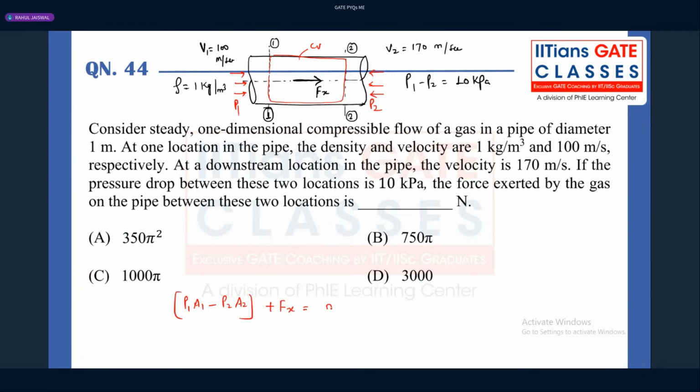plus Fx, that must be equal to mass flow rate times V2 minus V1. Remember here force Fx is what, guys? We have assumed it in the right direction. If we are getting a negative answer, that means what? We have to reverse our direction. And remember, we have written here Fx means the force exerted by pipe onto the fluid element.